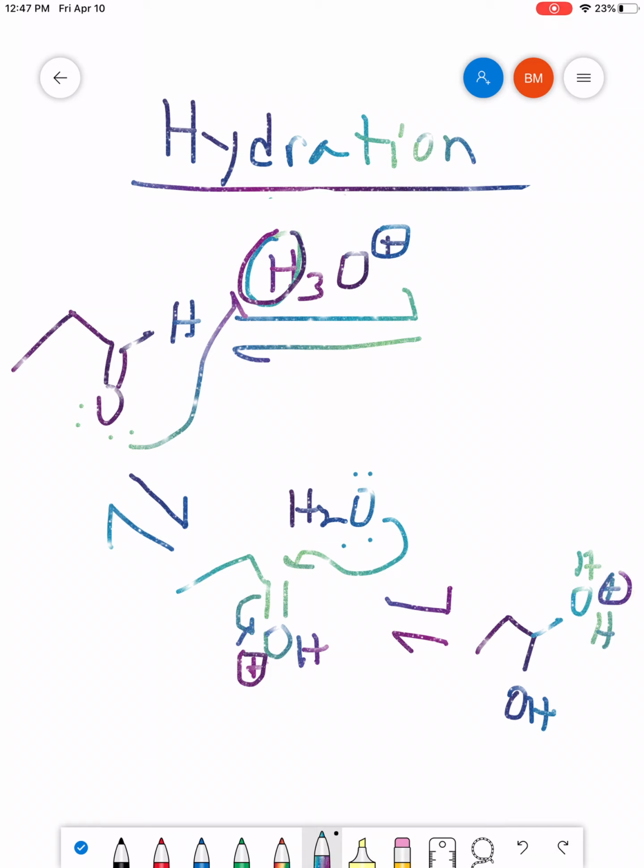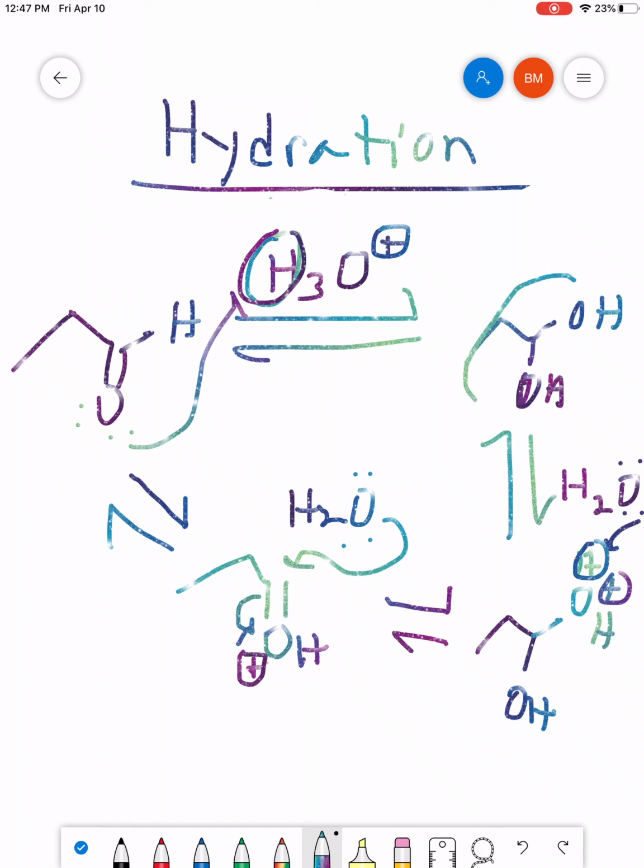And the last thing is you've got to get rid of an H on that water. Another water molecule in the system can come by, grab one of these H's, and that creates your gem diol. A little bit more involved than the basic situation, but not too bad.